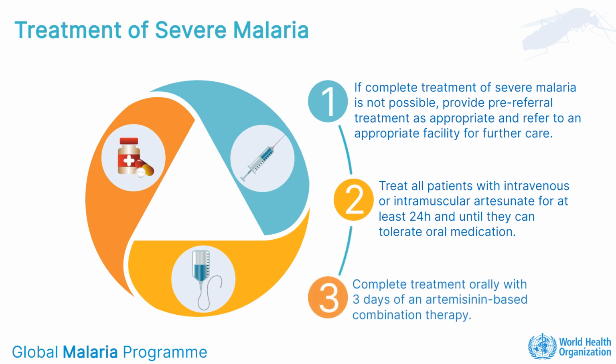Once a patient has received at least 24 hours of parenteral therapy and can tolerate oral treatment, therapy should be completed with 3 days of an ACT and a single low dose of primaquine if the infection is due to Plasmodium falciparum. Follow-up post-discharge of patients who have been treated for severe malaria is critical to ensure complete cure and assess for any potential relapse or recrudescence of the malaria parasite.